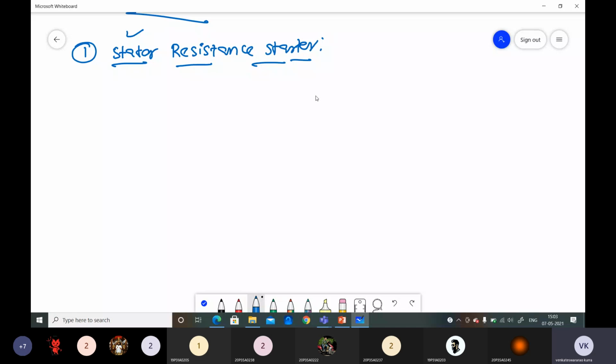Suppose the stator winding is star connected, and this one is the rotor.